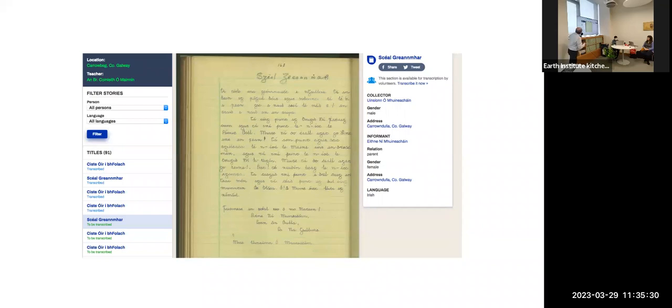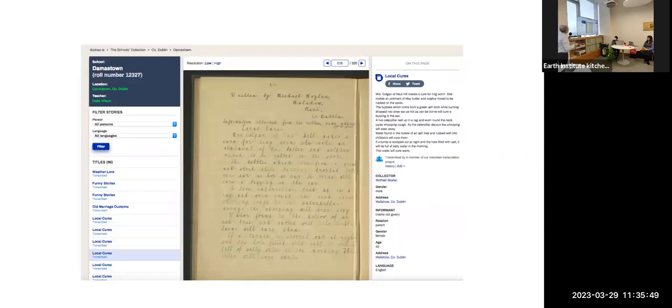Now, here's an example of a lovely piece written by Vincent Monaghan, A Funny Story. Individual items within the volumes are listed here, so you can jump from item to item within the database. Here's another example.